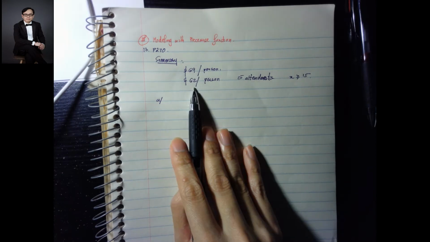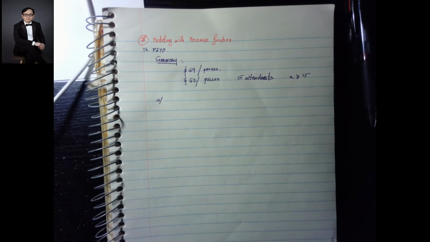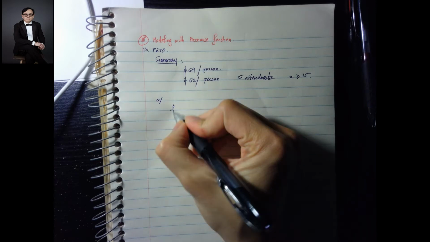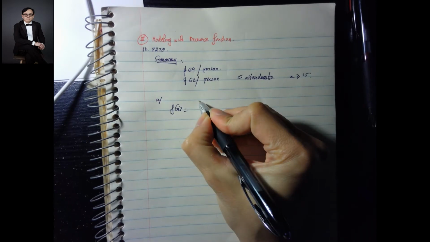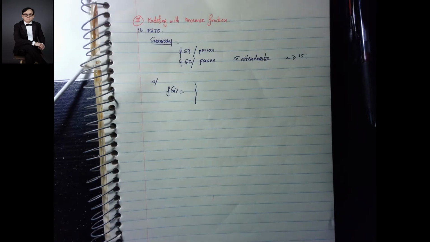Okay, so how do we do this? Then f(x), the first function, of course it looks like a linear function. Of course, we already learned how to model a linear function. $69 per person and $62 per person, that is basically the rate of change, the slope.